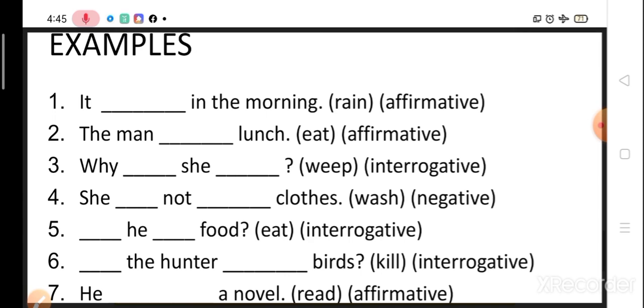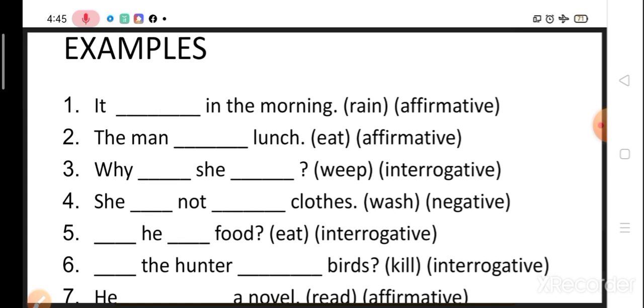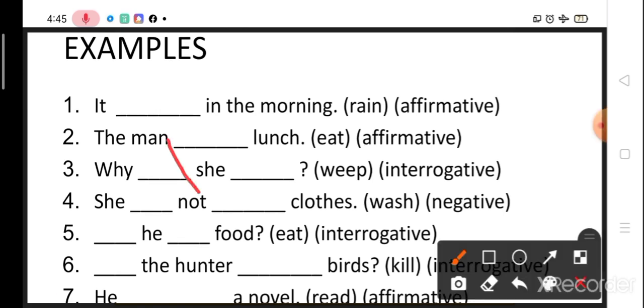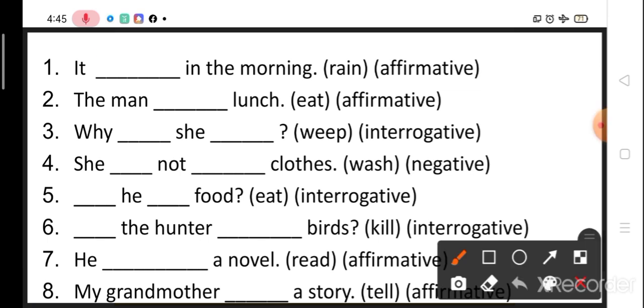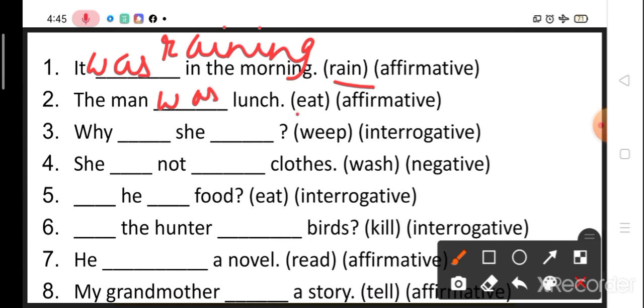It was raining in the morning. The man was eating lunch.